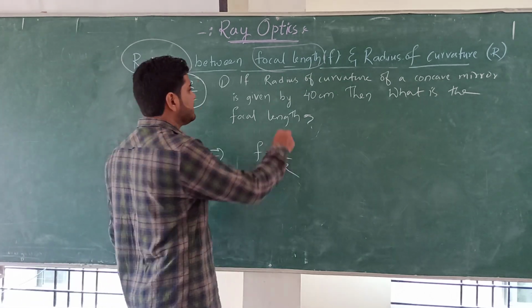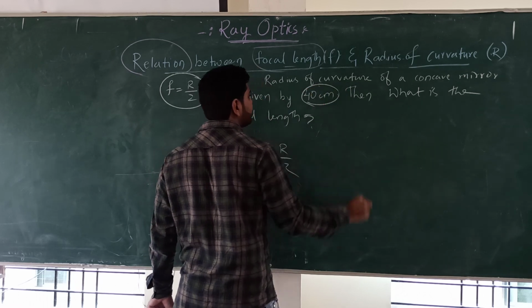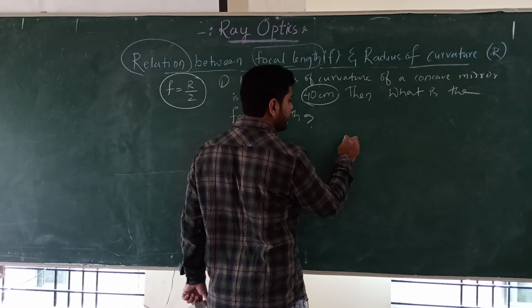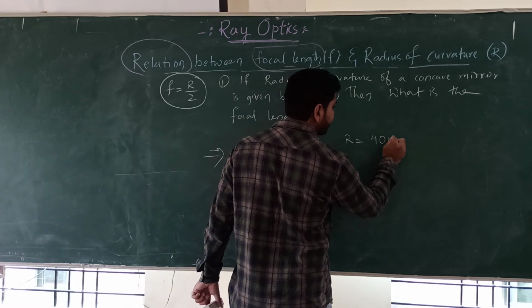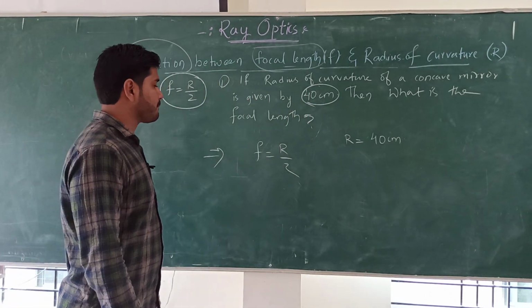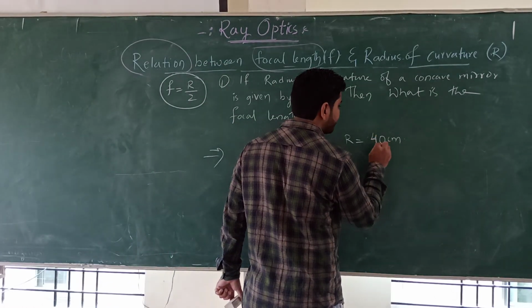What they have given: the radius of curvature of a concave mirror is 40 centimeter. So R is equal to 40 centimeter. Is this positive or negative?